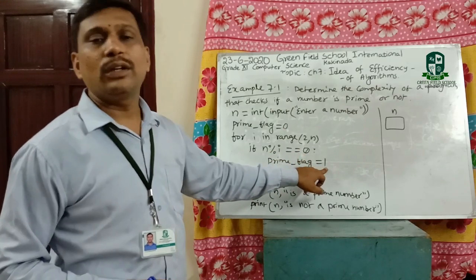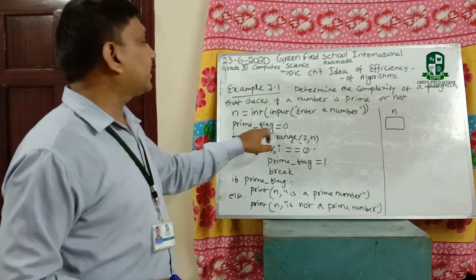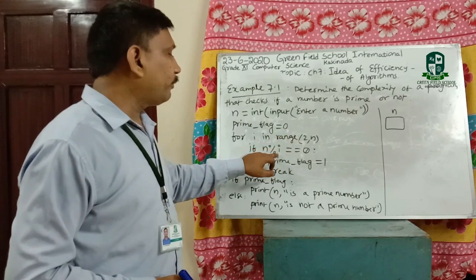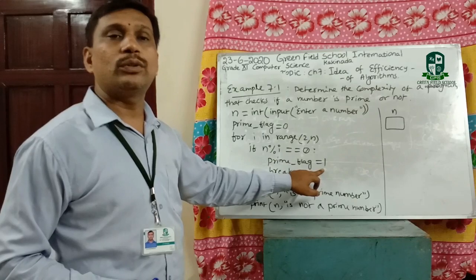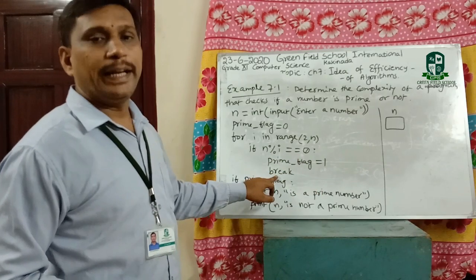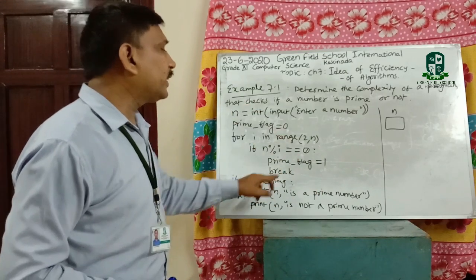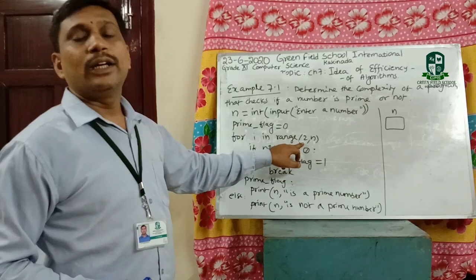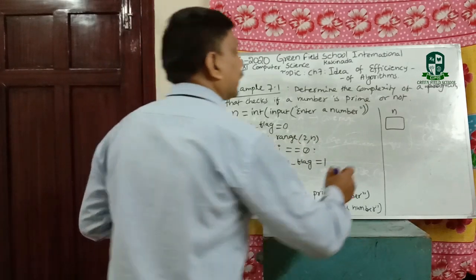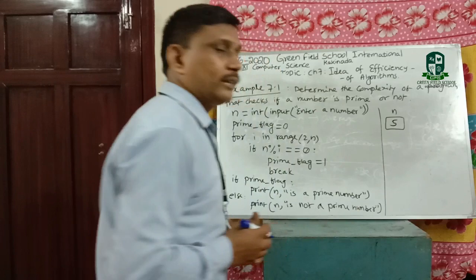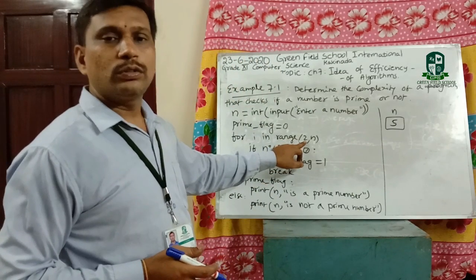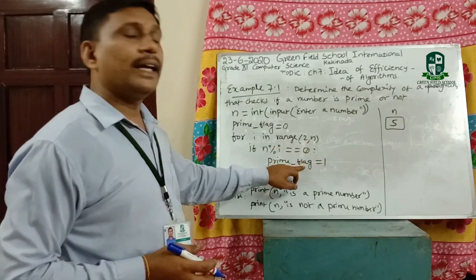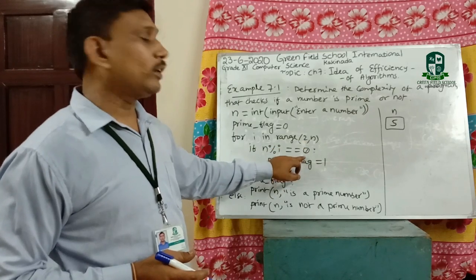If the remainder is 0, the prime flag is set to 1. Already the prime flag is set to 0, so if it returns 0, then we set the prime flag equal to 1. After that, break. Suppose I am taking n equal to 5. I am dividing 5 by 2, and the remainder is not equal to 0.